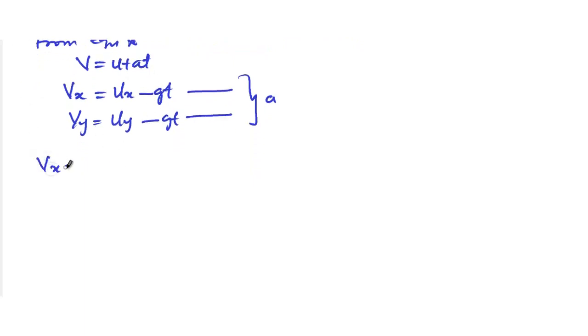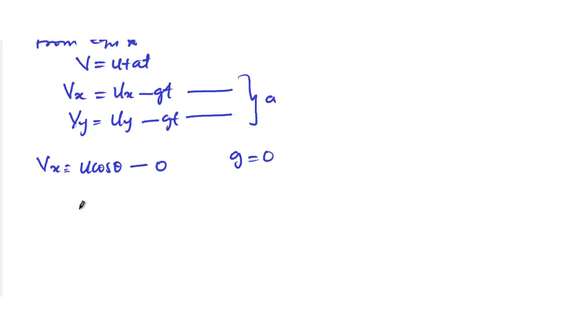So v subscript x gives us u subscript x, which is u cos theta, minus 0. Now somebody will say, how is it minus 0? I've established earlier on that there's no acceleration in the horizontal component. So acceleration due to gravity g will be equal to 0 along the horizontal component.